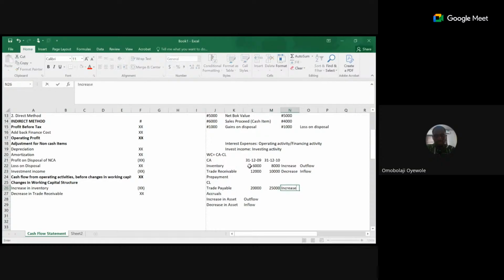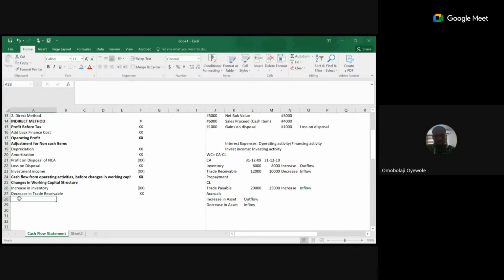That's an increase. It means that my trade payable has increased this year from what it was last year. That simply means money has come in. That's an inflow. It means we have bought more goods.